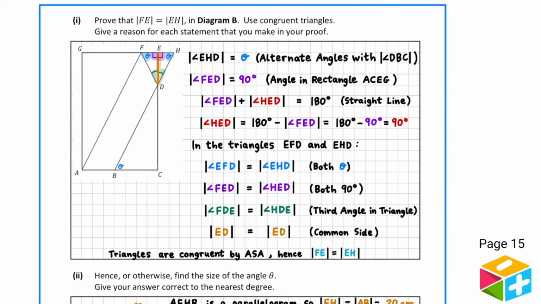Since we've shown that the angles on each end of this side are equal, it follows that the triangles are congruent by ASA, angle side angle. In congruent triangles, the side lengths are equal. Since FE and EH are both opposite the green angle, it follows that the length of FE and the length of EH are equal.